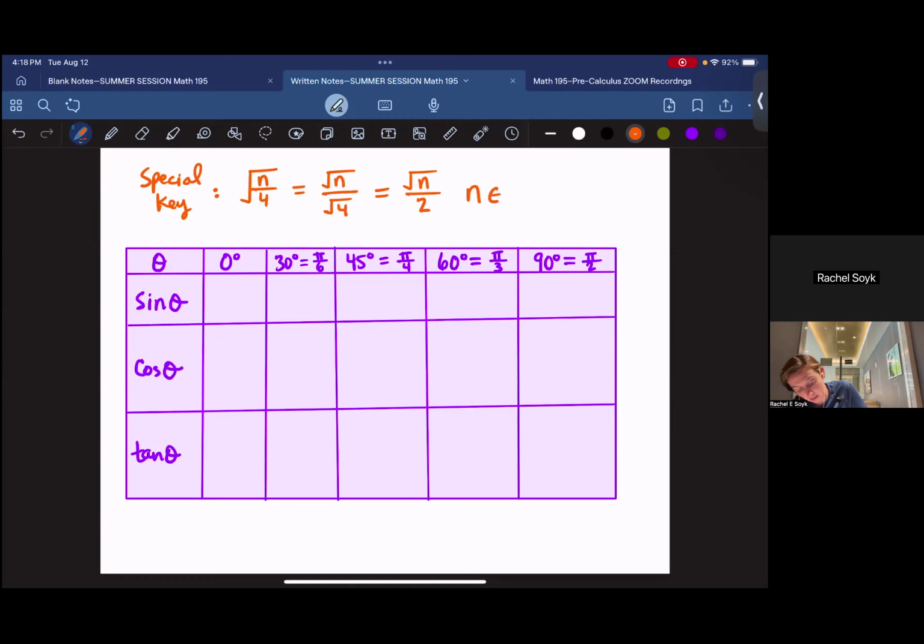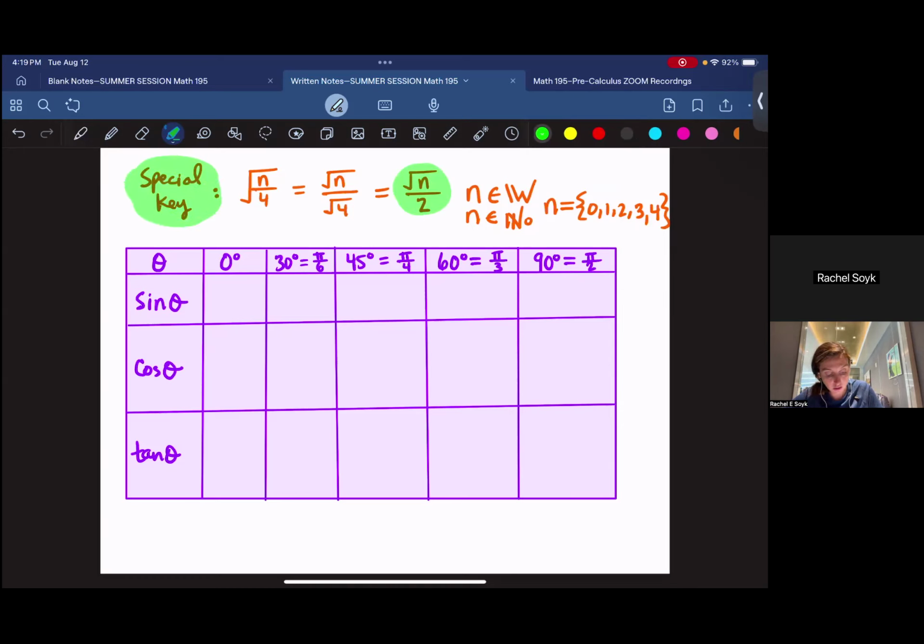So n is an element of the whole numbers 0, 1, 2, 3, 4. You can state it as the natural numbers, but including 0, or you can just say n is equal to the set 0, 1, 2, 3, and 4. I think the last one is probably the most accurate. But the important thing is really just remembering the square root of n over 2.